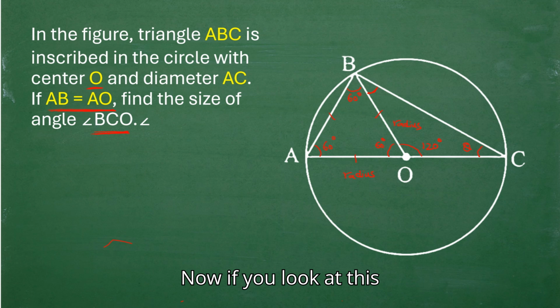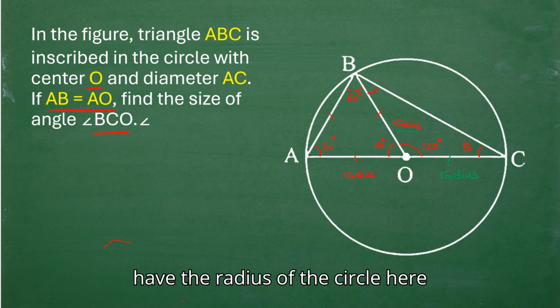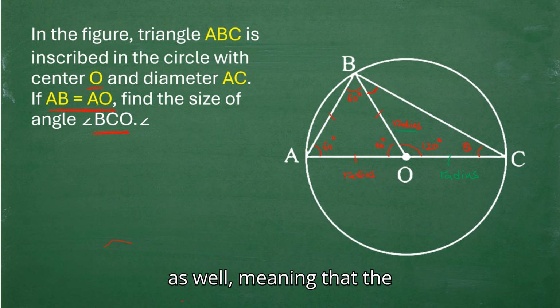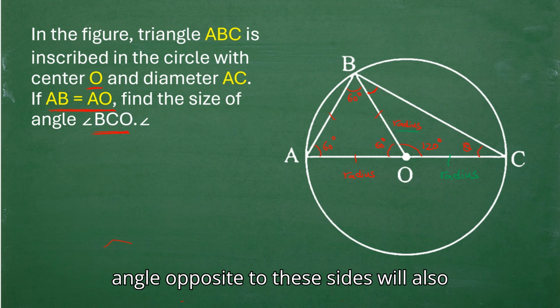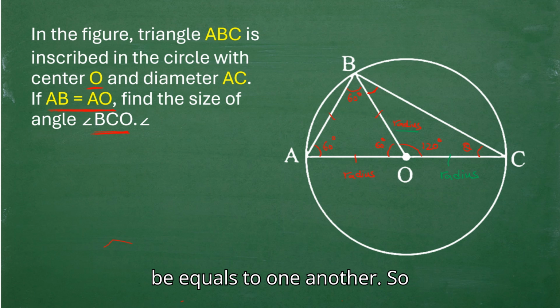Now if you look at this triangle, the second one, our distance from O to C is also the radius of the circle here, and I have the radius of the circle here as well, meaning that the two sides of the triangle OCB are equal to one another. That means that the angles opposite to these sides will also be equal to one another. So our angle CBO is also equal to theta.